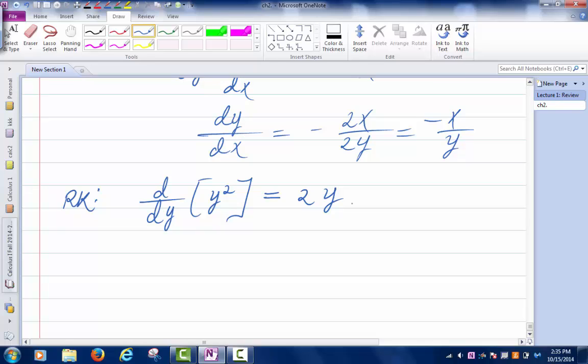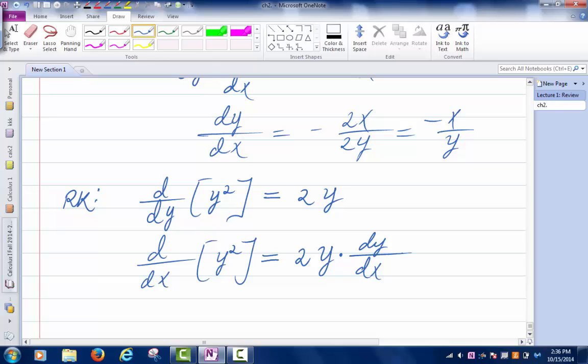But if I take the derivative of y squared with respect to x, we are assuming that y is some function of x. Then you take the derivative as usual with respect to y, and then you multiply by what? Then you multiply by dy/dx.